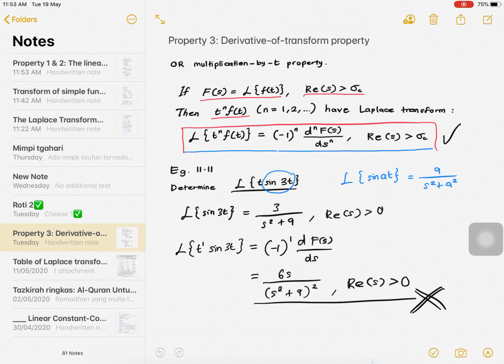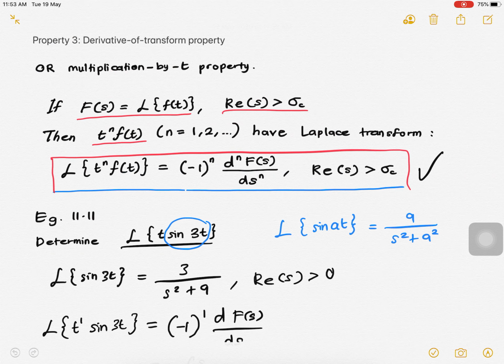The third property is the derivative of transform property, or we can call it the multiplication by t property. Actually, we just multiply the function with t.